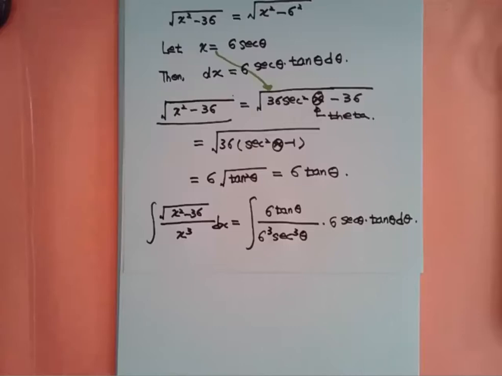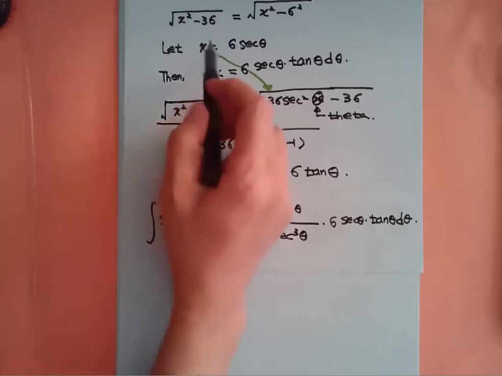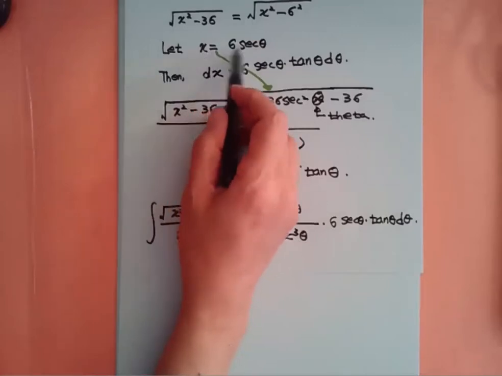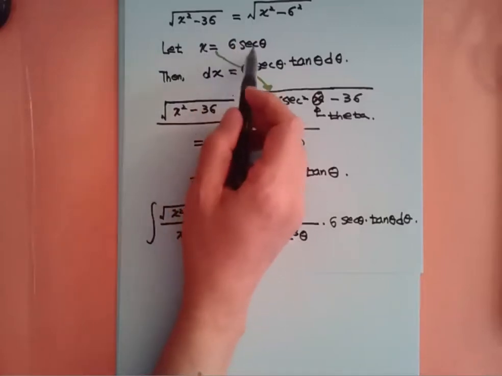Why is it being changed to terms of theta? Because we are doing substitution with a trigonometric function. So if we keep x, then indeed this x is the function value of secant, not theta, right?